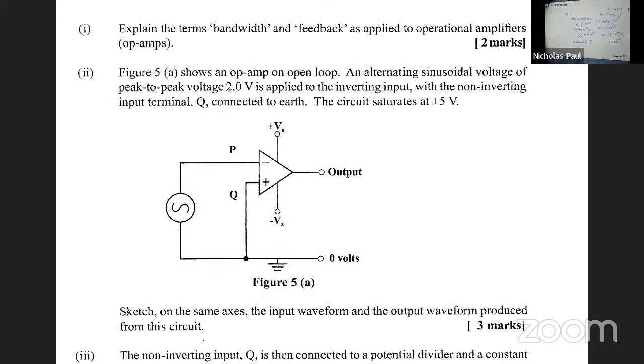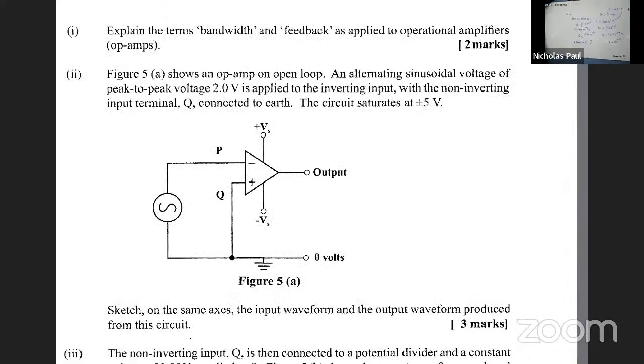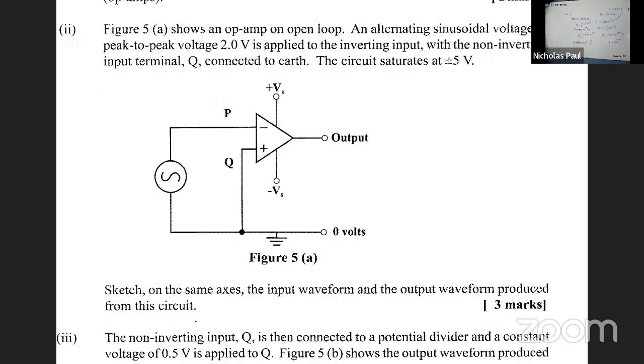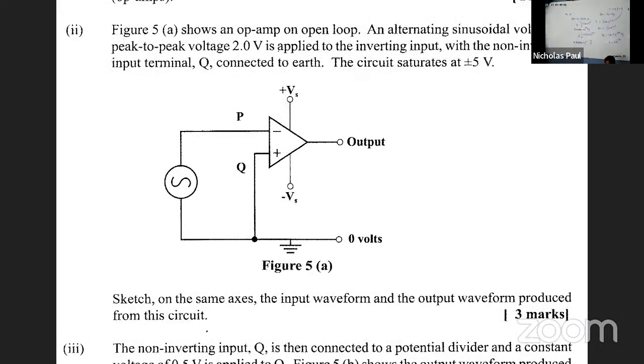Try part 2. What type of op amp is that? No feedback. Once it's not seeing feedback, it is not inverting, not non-inverting.